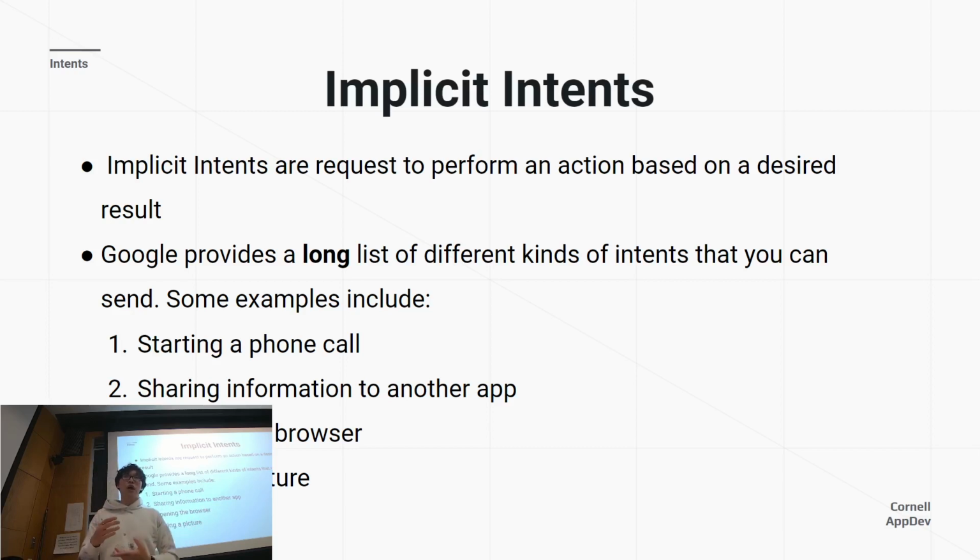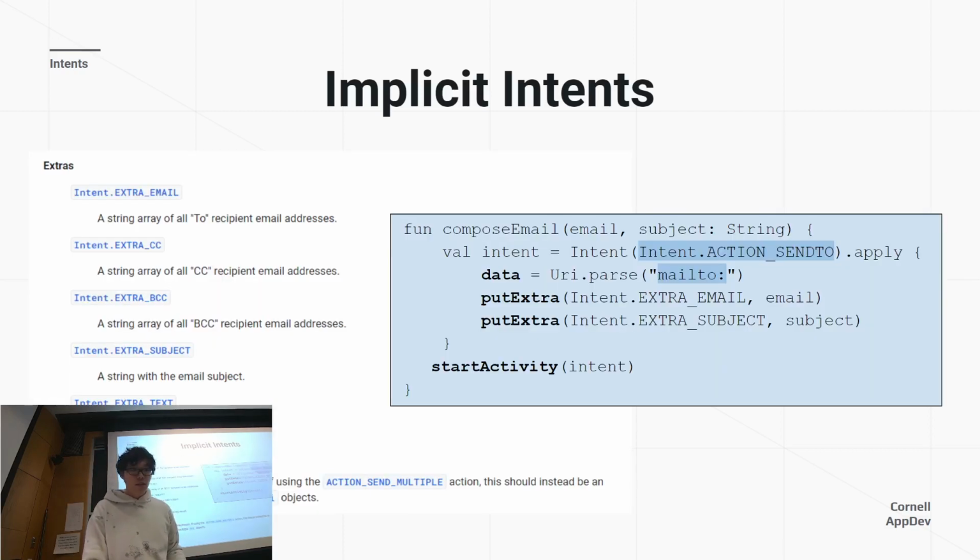All of this you have to put through the putExtra call. So there are specific constants, each naming where you want to put this type of information, and that's exactly where it'll grab it.